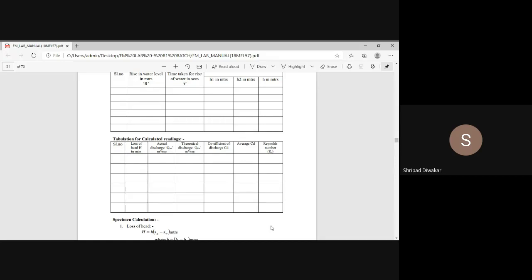In the same tabular column, I'll give one set of readings. All of you have to calculate with the same procedure, same tabular column, and even the formula is the same for the venturimeter.